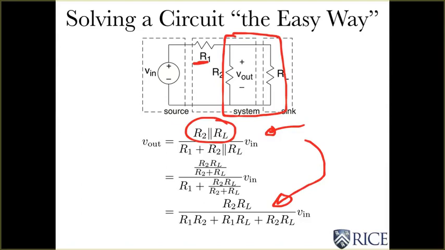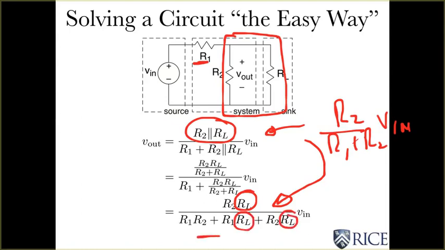Well, that doesn't much look like the result that we had before, which was R2 over R1 plus R2 times Vin.